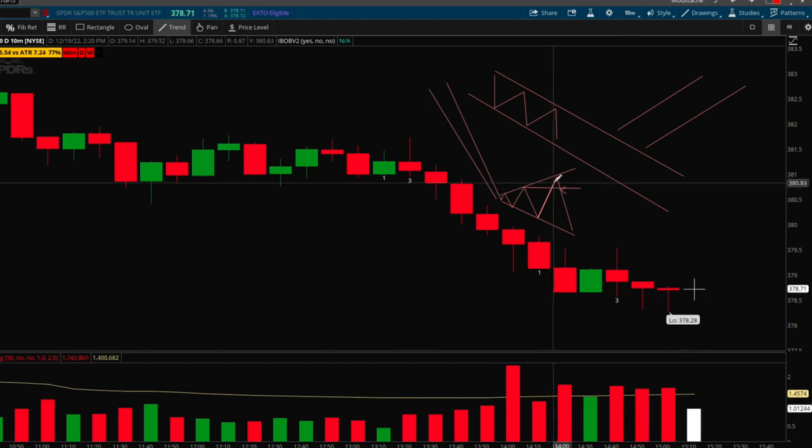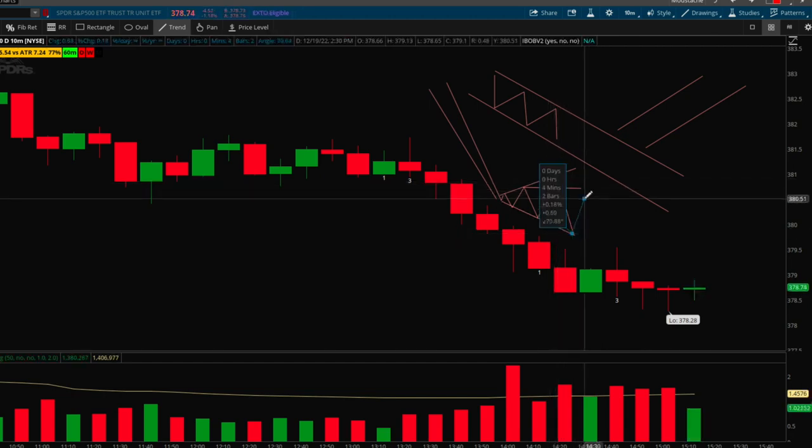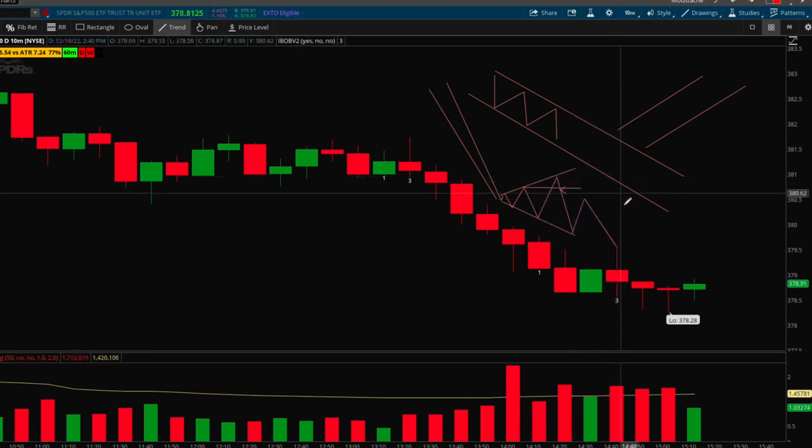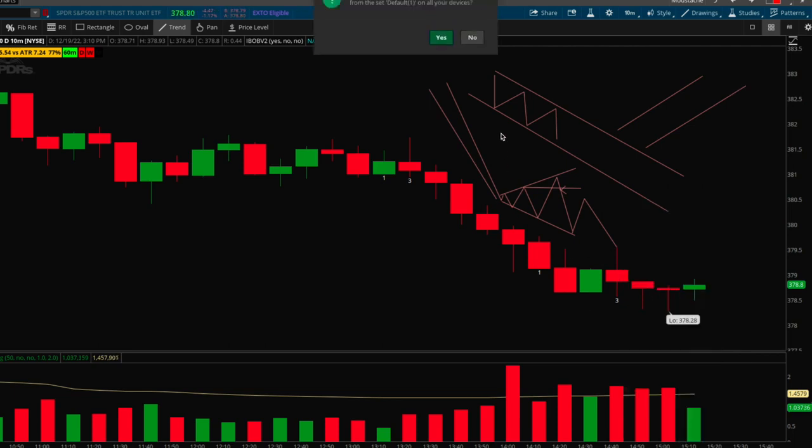You get this pop over the high, instant rejection, and then the downtrend continues. So let's just look at some examples.